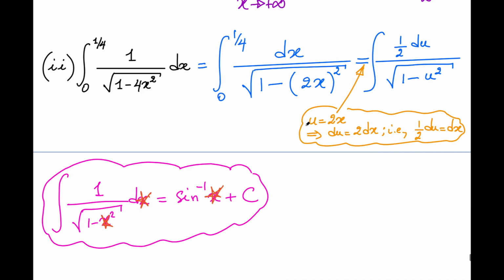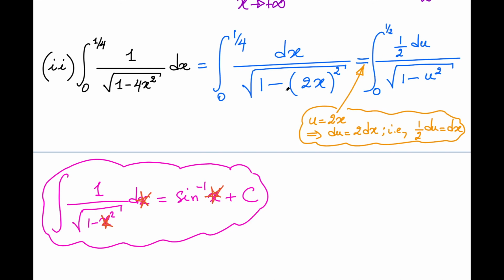When x is 0, u is gonna be how much? When x is 0, u is gonna also be 0. So since 0 is a lower bound, the new 0 is gonna also be a lower bound for u. And now when x goes to the upper bound, u is gonna also go to the upper bound. When x is 1/4, u is gonna be 1/2, right?